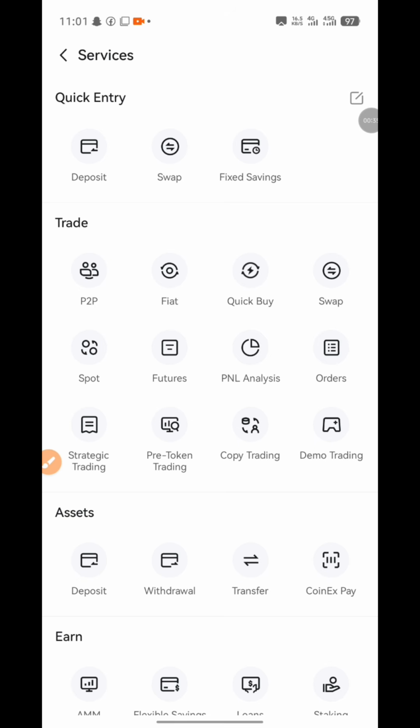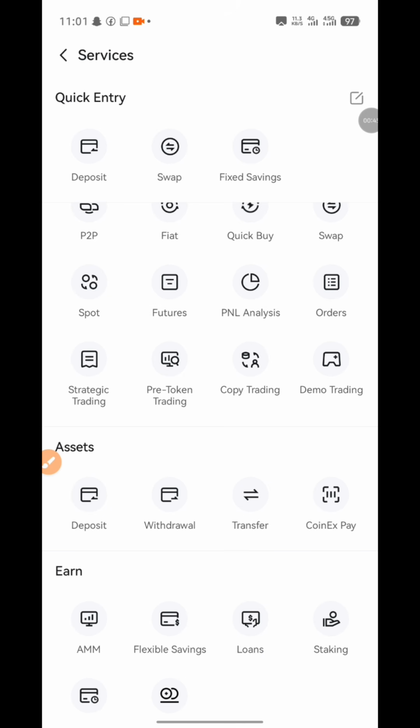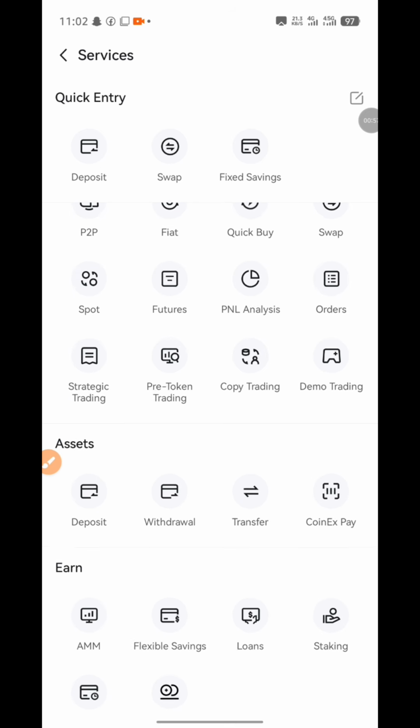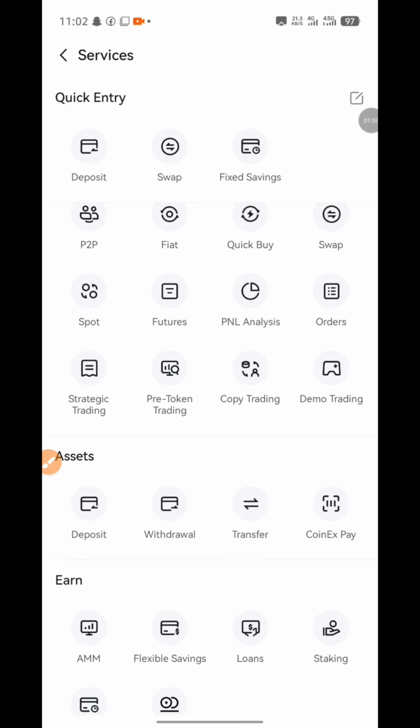I need you to understand that CoinEx offers these two saving modes, the fixed savings and the flexible savings, which I explained the difference of a couple of seconds ago. We said fixed savings is this particular one.